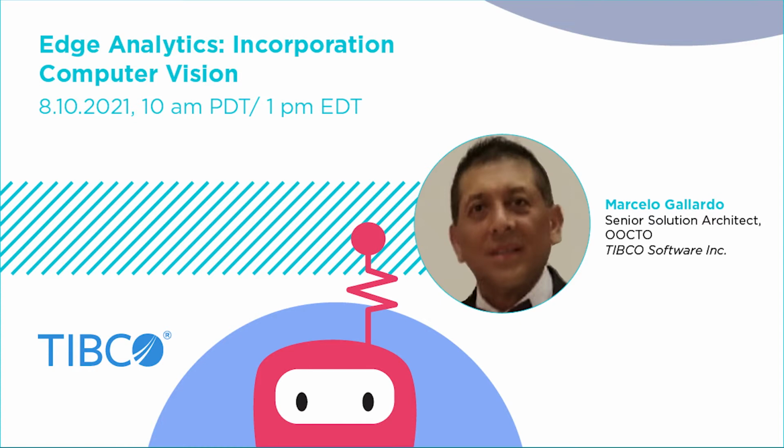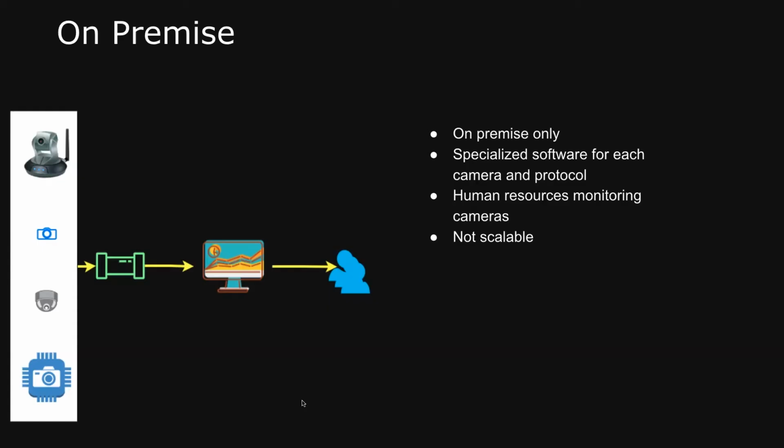So let's start with on-premise solutions, where all is done by a specialized software for each camera and the different protocols. As we can see, it requires a lot of human resources and it's not really scalable.